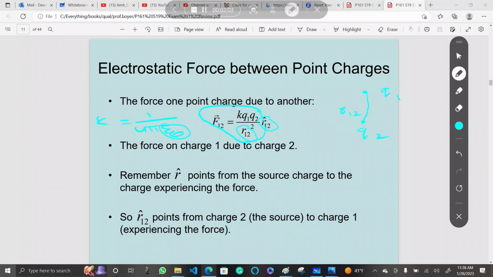And the direction of the force you have to take from charge 2 to charge 1, or from the source charge to the point charge which is experiencing force. So let's begin our problem.